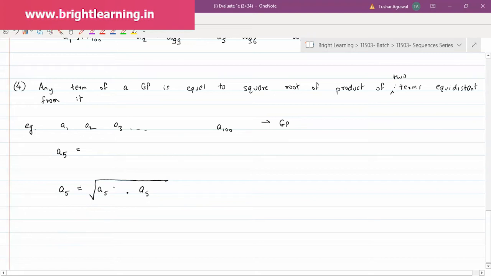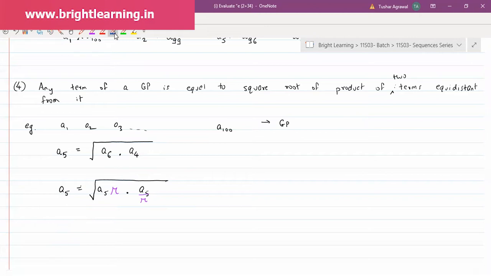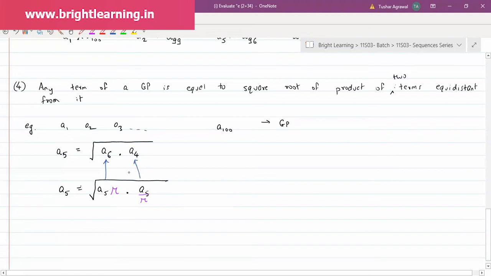So let me write A5 multiplied by R and A5 upon R. This first complete thing will be equal to A5 into R, which is A6, multiplied by A5 upon R, which is A4. Do you agree with me? A5 into R will be A6 and A5 upon R will be A4.